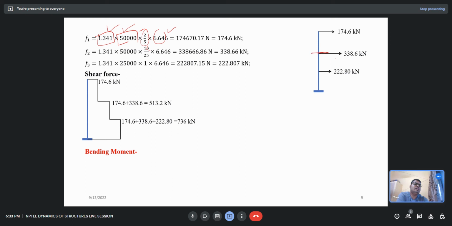This is my F3. So what will be the bending moment at this F3 times this height, which is 4 meter?